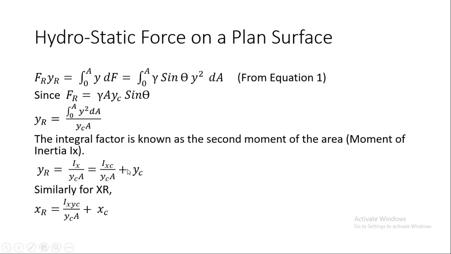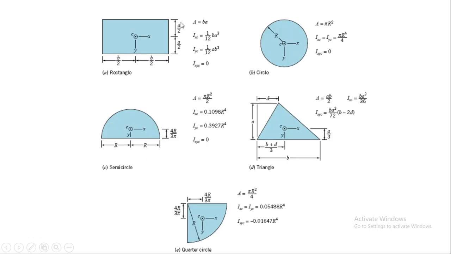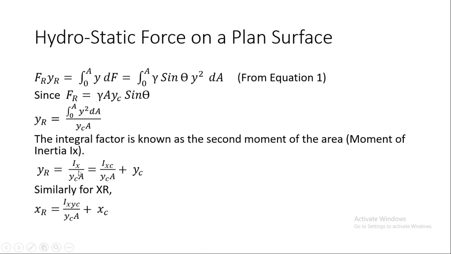When you put this value in this equation, it comes to this reduced form, Ixc over yc a plus yc. Why do we reduce this in the form of Ixc? Because we can determine the Ixc value if we know the shape of the body, and we can easily calculate it. So considering that, we come up with a solution respectively. xR has a similar formula.